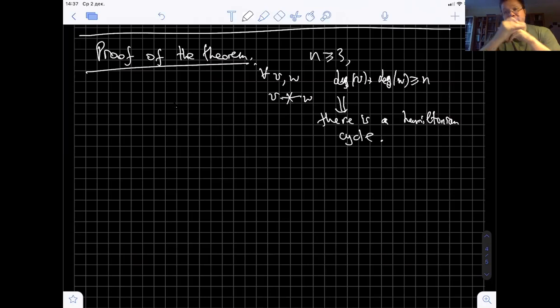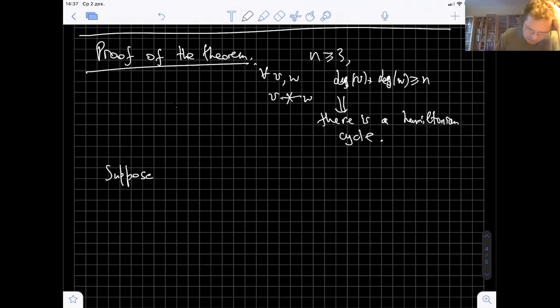Yes. Look. Of course, we have at least one path, because we can just take two vertices that connect to each other. Since the degree is very high, we have at least one edge in our graph. So of course we have a path.